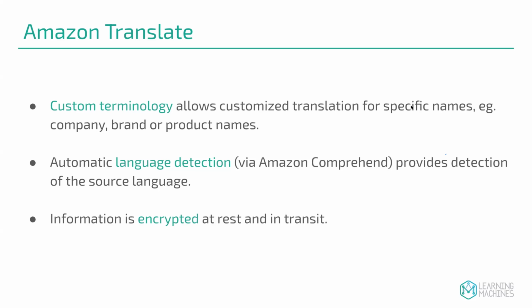And just a note here, the information is obviously also encrypted, both at rest and in transit. If it's at rest in something like an S3 bucket, there would be server-side encryption. And in transit, it would use something like TLS with Amazon certificates to make sure that your information is kept secure.